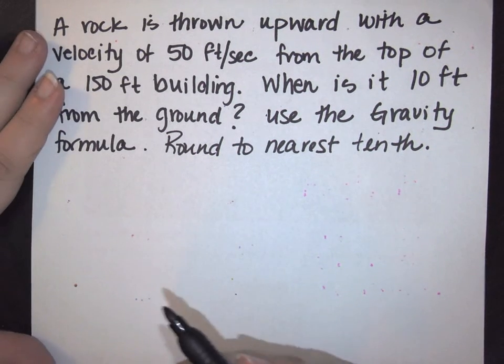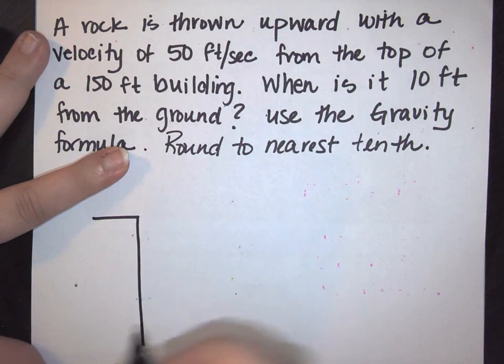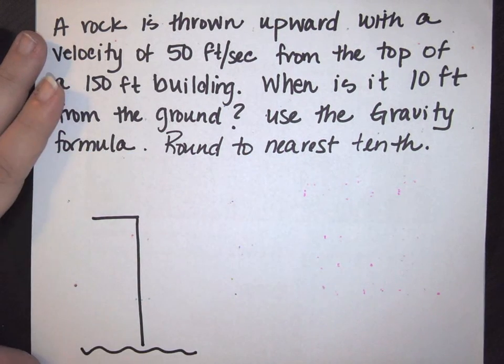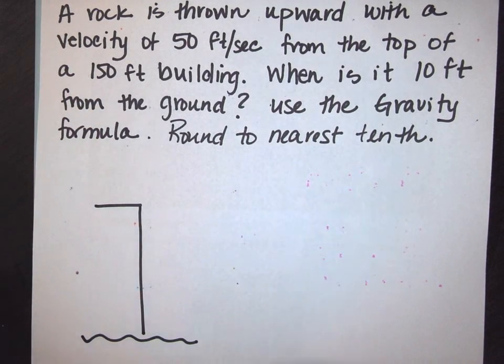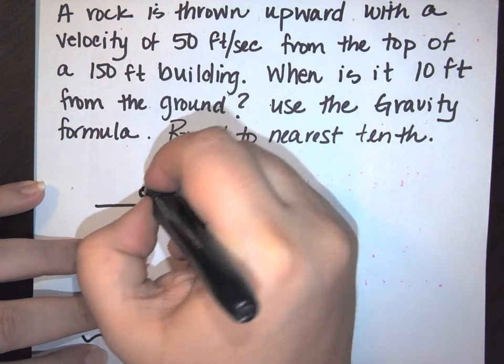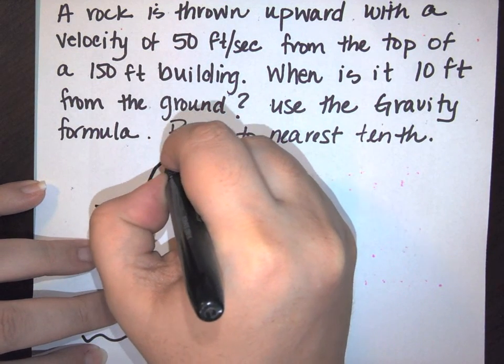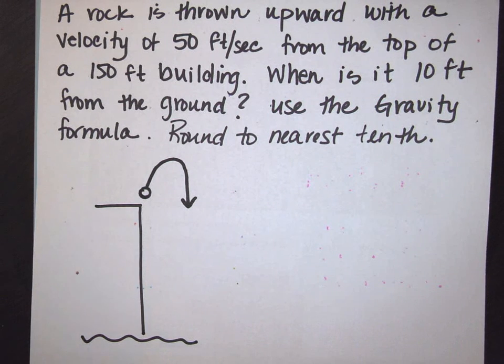So I have this building here. And what I know about it is that I've got this little rock. So I'm going to draw myself my little circle. And it is thrown upwards, which means it has to come back down. So that's kind of what is going on here.